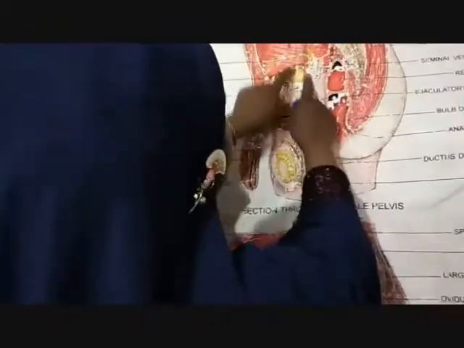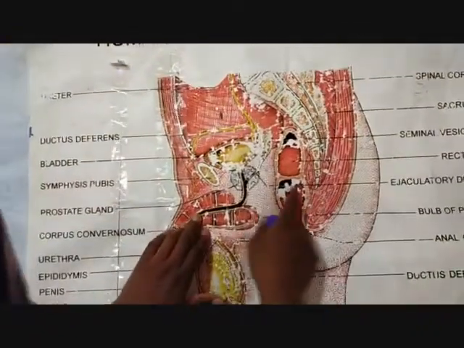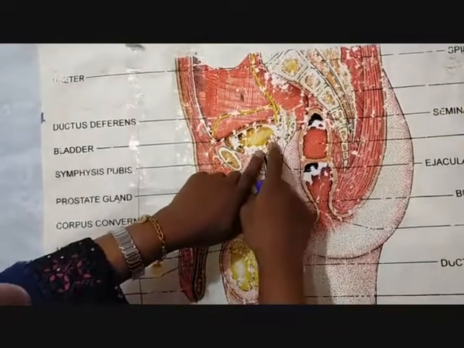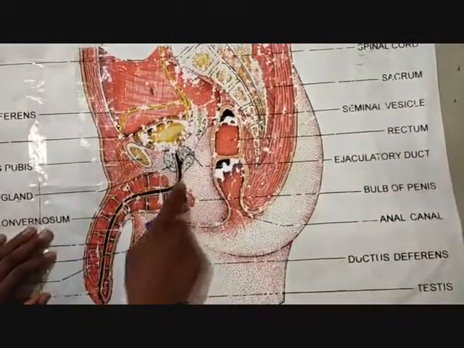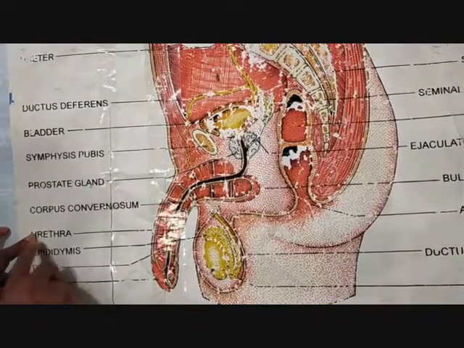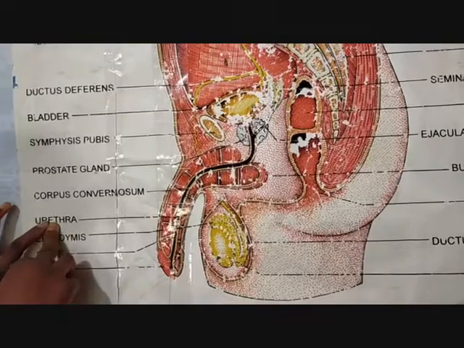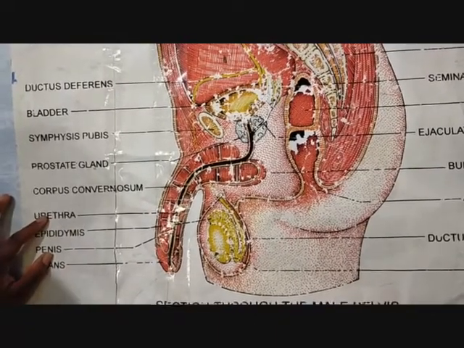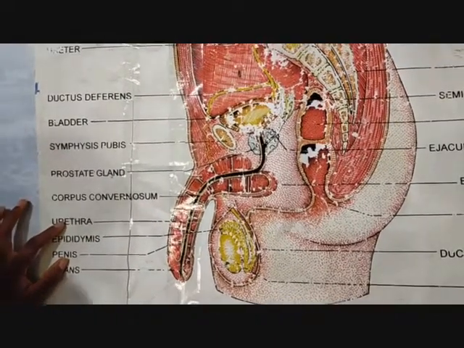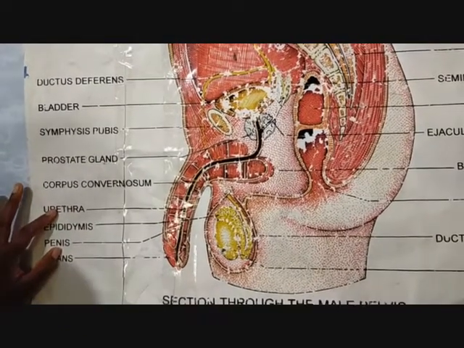When the sperm is stored here in the seminal vesicle, it is passed through the ejaculatory duct to the urethra. There is a major difference between the male and female reproductive system: the urethra performs the function of only urine, which is excretion, in females. But in males, it performs more than one function.